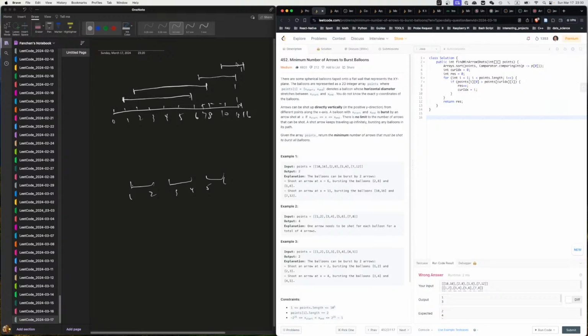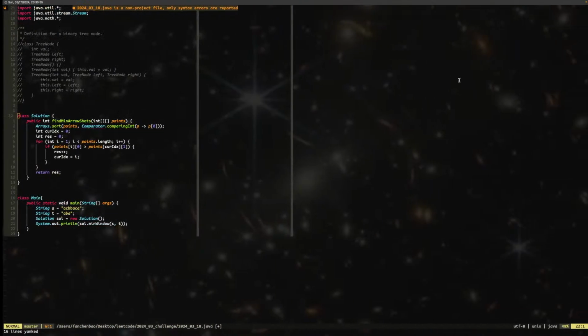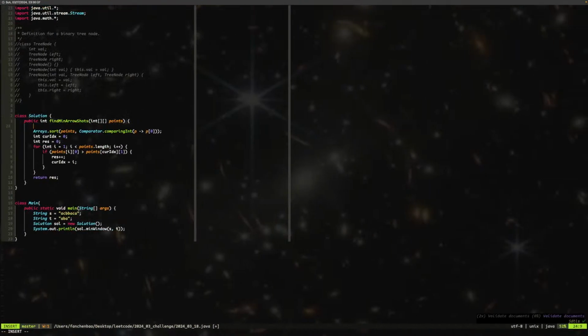Then we go to this one. Oh, I forgot. At the end I have to return res + 1 because of the last one. I always forget about the last one. So let's hope it's correct.